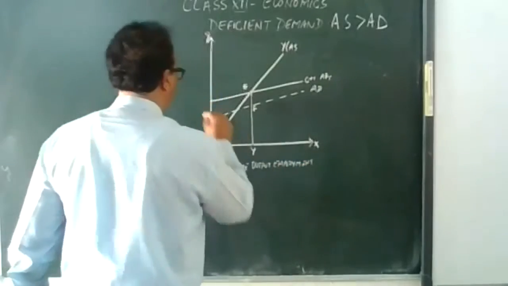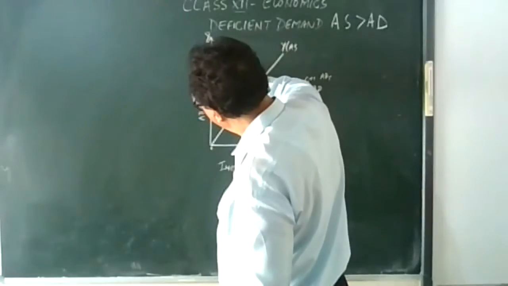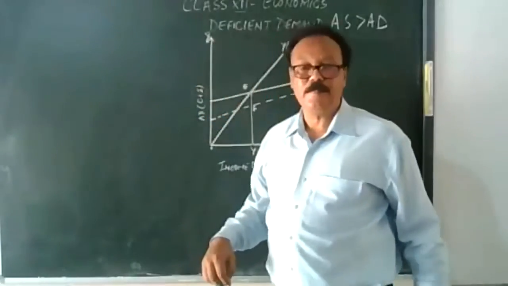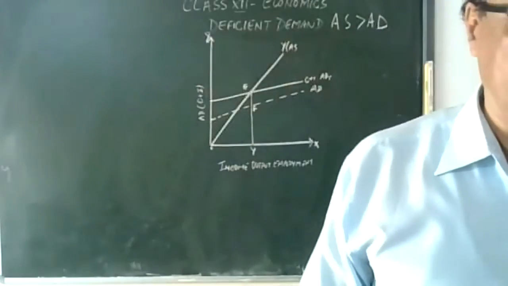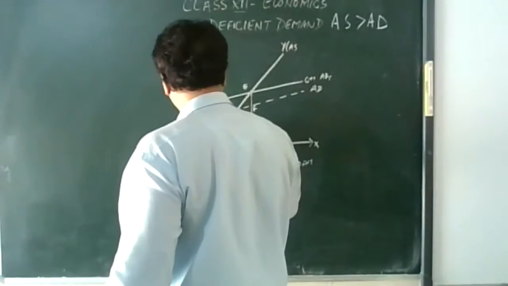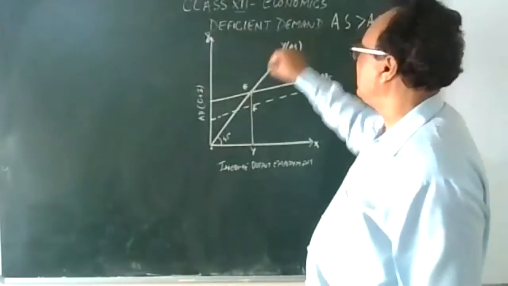On the y-axis, we have AD, which is C plus I. This is the 45-degree income line, shown as Y, also called AS.